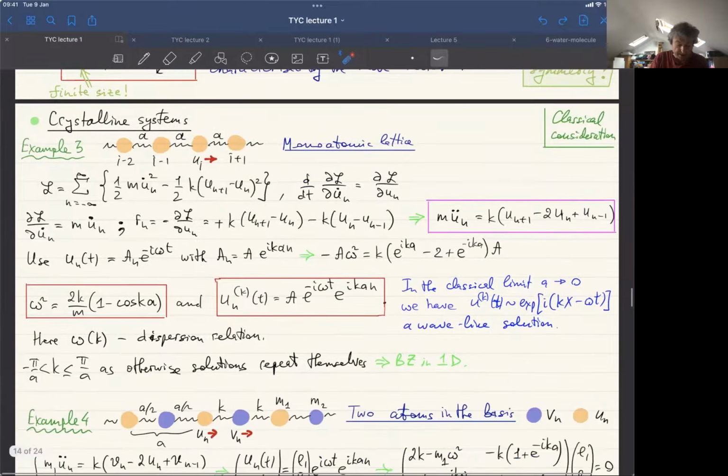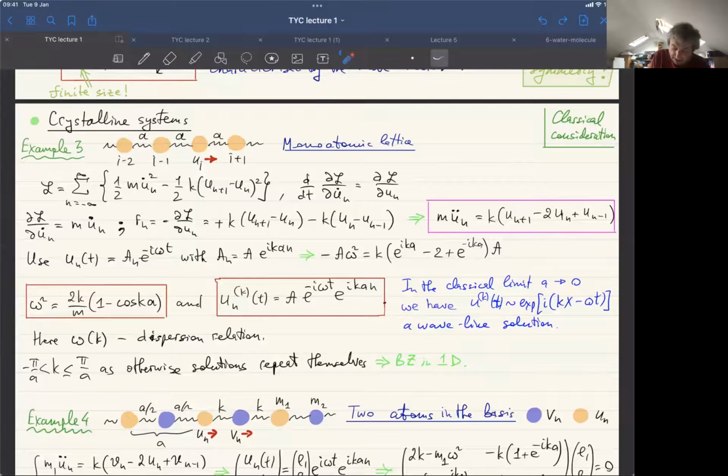You will find that A cancels out, and omega squared depends on k in that very simple fashion. So by specifying different k, we get different vibrational modes, and the displacement is like that. Omega gives how the vibration changes in time at a particular point, and here we see the amplitudes at different points on the lattice.